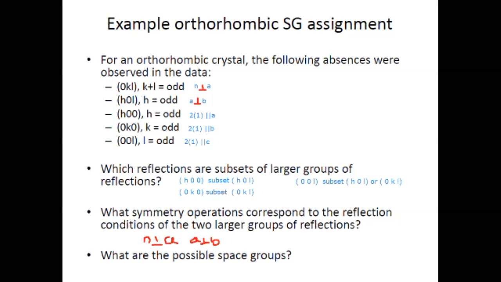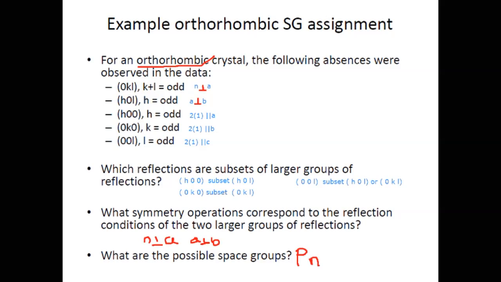So now, what are the possible space groups? So this is an orthorhombic crystal. So there are three unique axes, A, B, and C. And so we know that since there's no centering, it's going to be a primitive space group. We know that we have an n-glide perpendicular to A, so maybe it's going to be Pn.